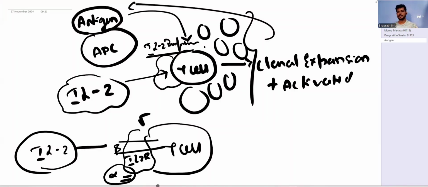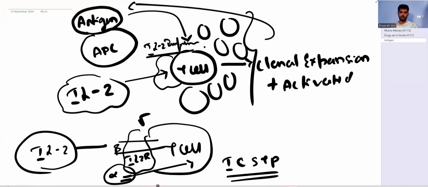So once it binds to this cell surface receptor, whenever the ligand comes and binds to the cell surface receptor, it transmits its information to the cell surface receptor. Now, it is the duty of the cell surface receptor to transmit that information into the nucleus. That information to the nucleus is transmitted by something called intracellular signal transduction pathways.